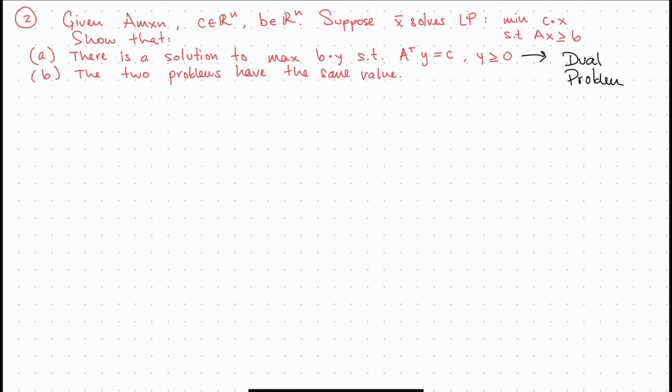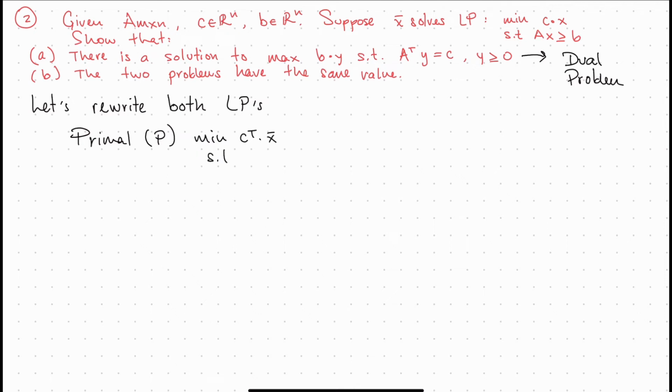Okay, so let's rewrite both LPs. The primal P is: minimize the cost function, the dot product c times x, such that A times x is greater or equal than b, and x has to be feasible.